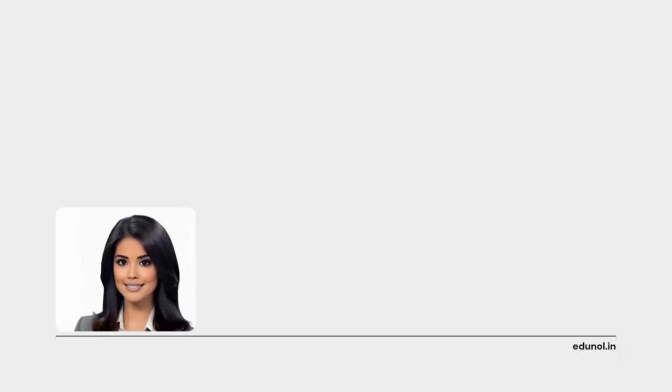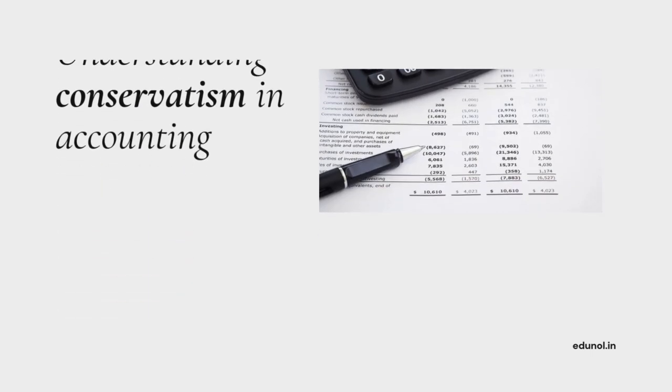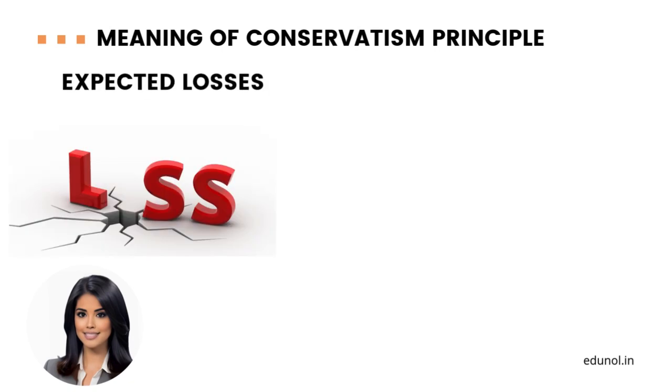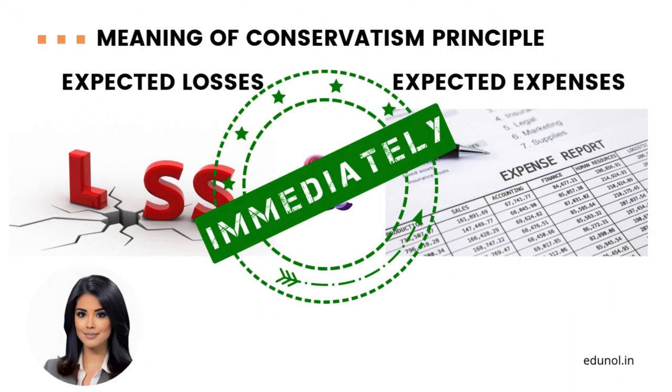We understood that bad debts are inevitable. Next, we understand the meaning of conservatism principle in accounting, before we move to the meaning of provision for bad debts. In accounting, there is a conservatism principle. It states that all losses and expenses expected to occur in future should be accounted for in books of accounts immediately. A question arises: how to account for some expense which may happen in future?